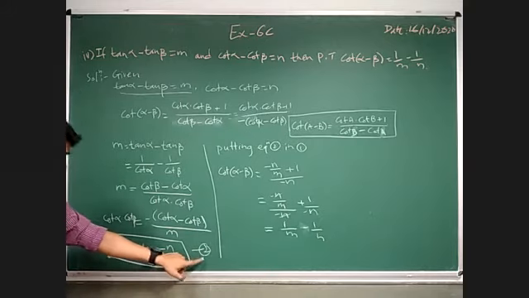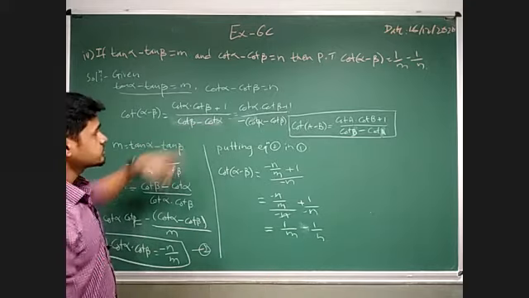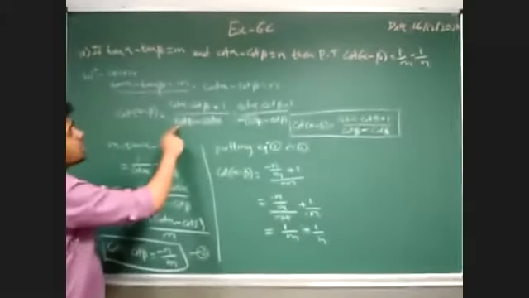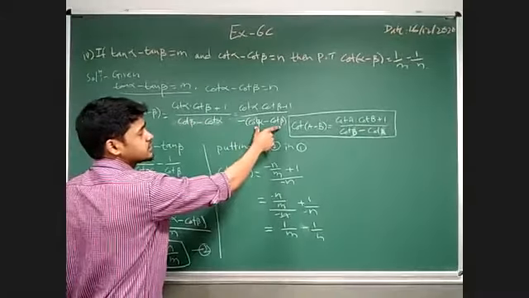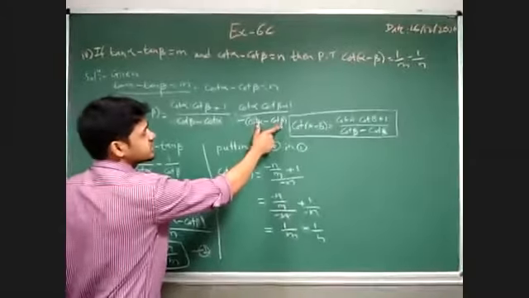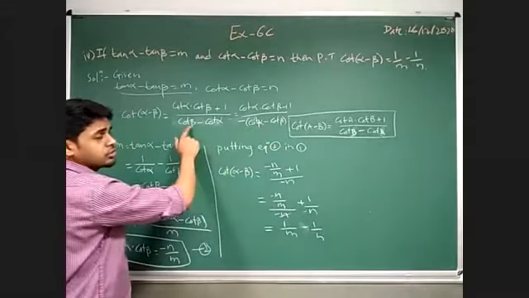Okay, so now I put this equation value here. Now cot beta minus cot alpha. Why did I transform this? Because the given thing is given in this form, cot alpha minus cot beta, so here I took minus.